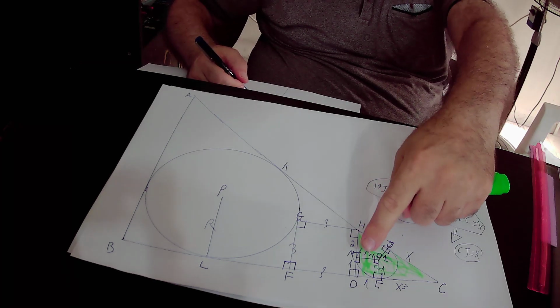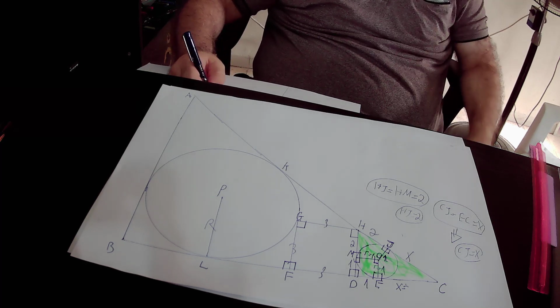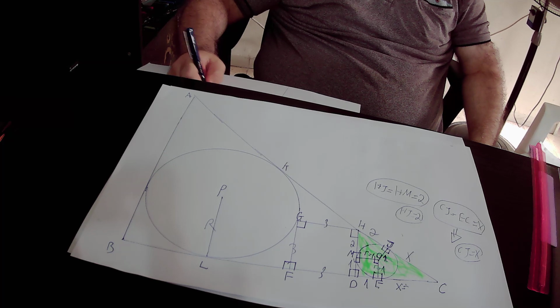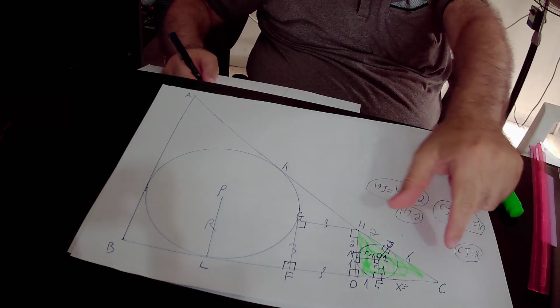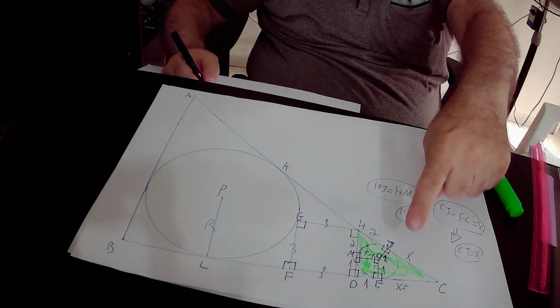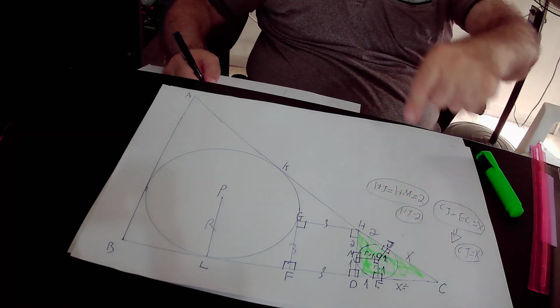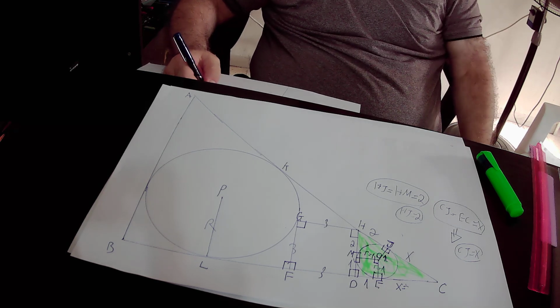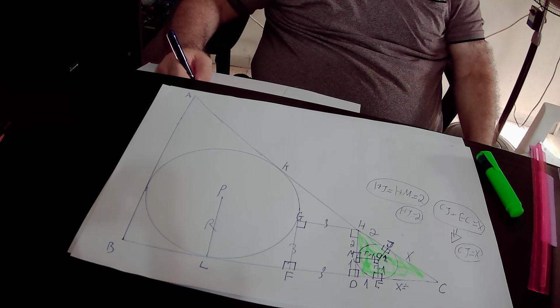HD equals 2 plus 1, that is 3. Therefore HD squared is 3 squared, that is 9. DC equals 1 plus x, therefore DC squared equals (1 plus x) squared.